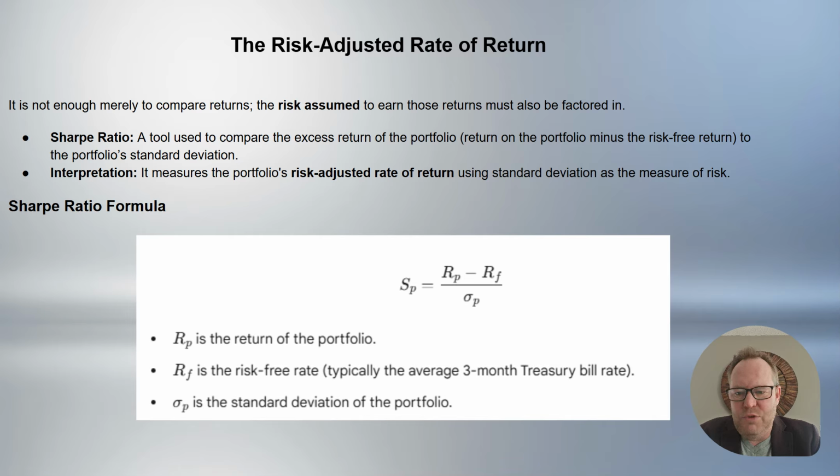A couple ways of looking at it. The Sharpe ratio. It's a tool used to compare the excess return of the portfolio. So in other words, the return of the portfolio minus the risk-free rate of return to the portfolio standard deviation. So what do we use a Sharpe ratio for? It measures the portfolio's risk-adjusted rate of return using a standard deviation as the measure of risk.